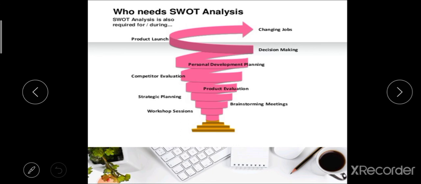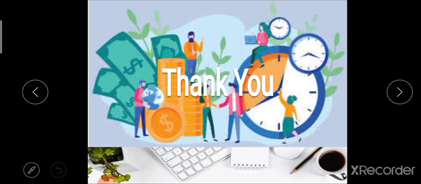Okay, there is one assignment for you, students. You have to find any agribusiness industry near you and conduct a SWOT analysis of that particular agribusiness unit. So this is all about today's lecture, SWOT analysis.